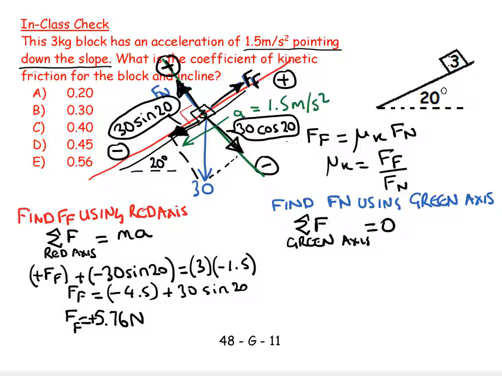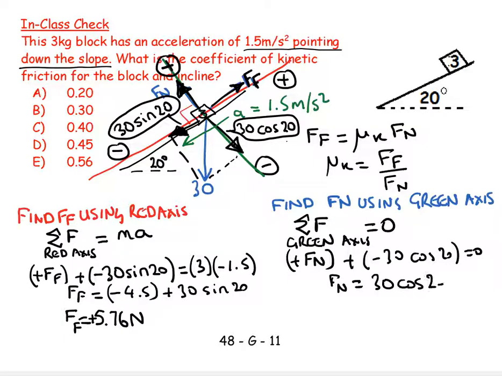But, you know, the answer is it's 0, so we say plus Fn added to minus 30 cosine 20 is equal to 0, so Fn is equal to 30 cosine 20. If I get my calculator and go 30 cosine 20 I get 28.19. Fn equals 28.19 newtons.